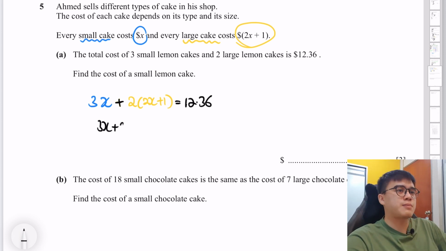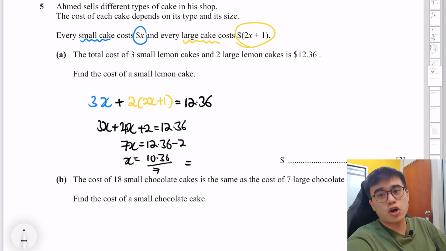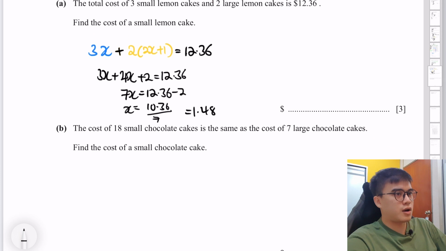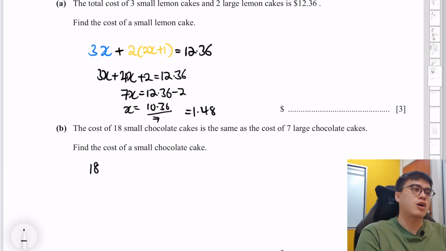So by expanding the brackets, you should get 3x plus 4x plus 2 equals 12.36. 7x equals 10.36, and x, when you take 10.36 divided by 7, you will get 1.48 as your final result. As for part B, the cost of 18 small chocolate cakes is the same as the cost of 7 large chocolate cakes.